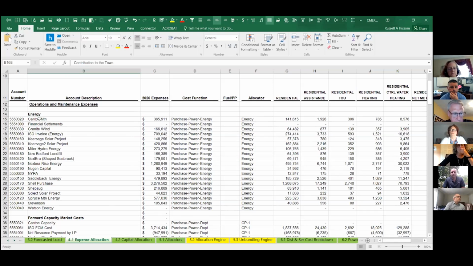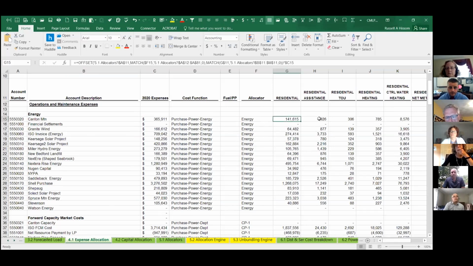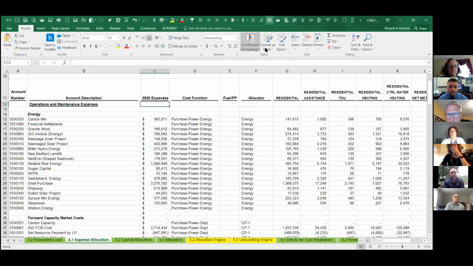So these are variable energy. There's an allocator called purchase power energy, which mainly allocates energy costs based on kilowatt hour usage. And for each customer class, this is the dollars that are allocated to them of this particular line item in your financial record.